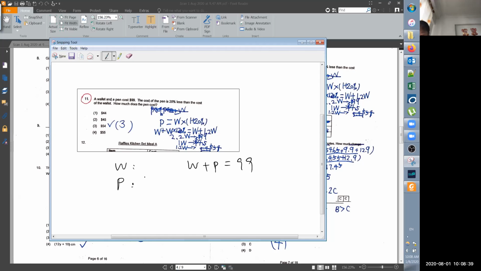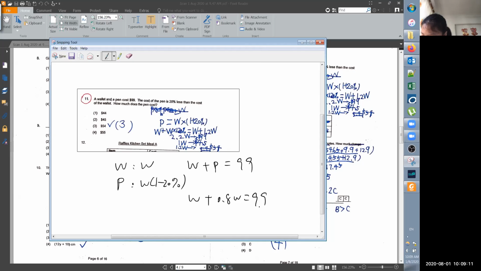So if the wallet is W, your pen is actually 20% less than the cost of the wallet. So that means your pen will be 20% less, right? So what you end up with here is your W is W, your P is no longer P but 0.8W. That gives you $99.